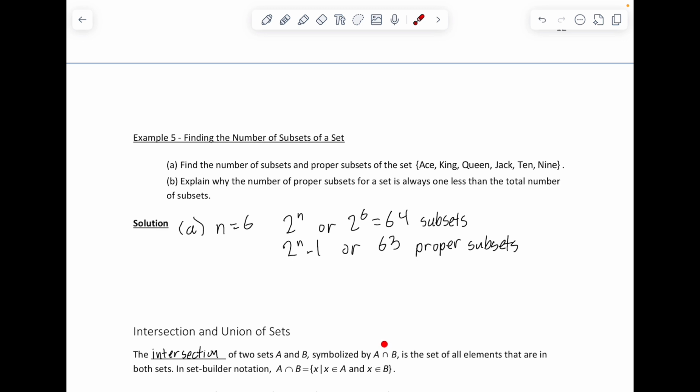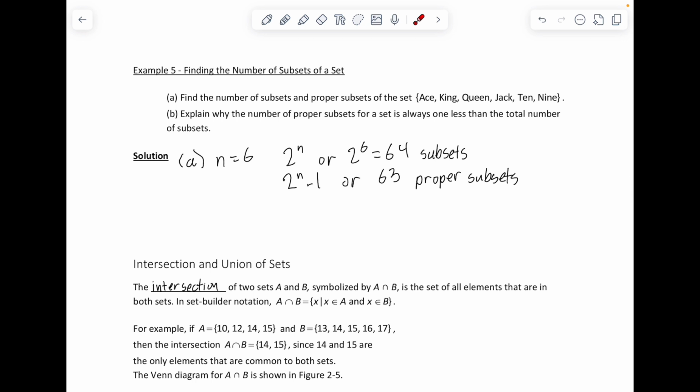It looks kind of like an upside down U. We say A intersection B. This is the set of all elements that are in both sets. So in set builder notation, we could say that A intersection B is equal to all x such that x is an element of A, and also x is an element of B.